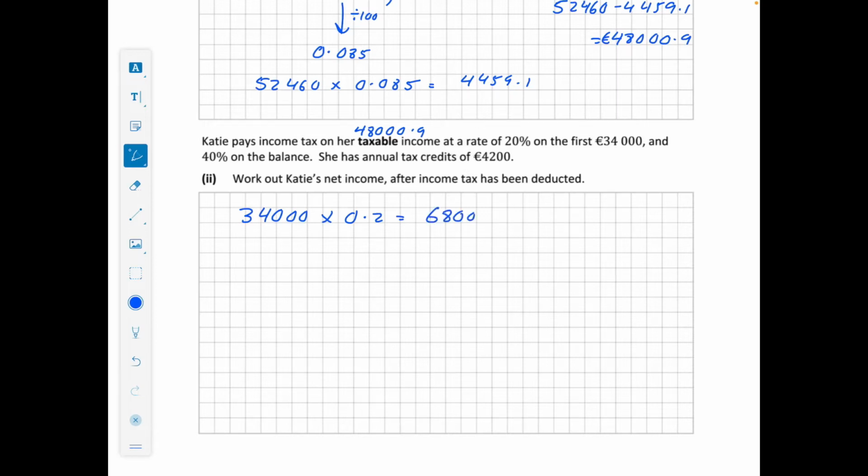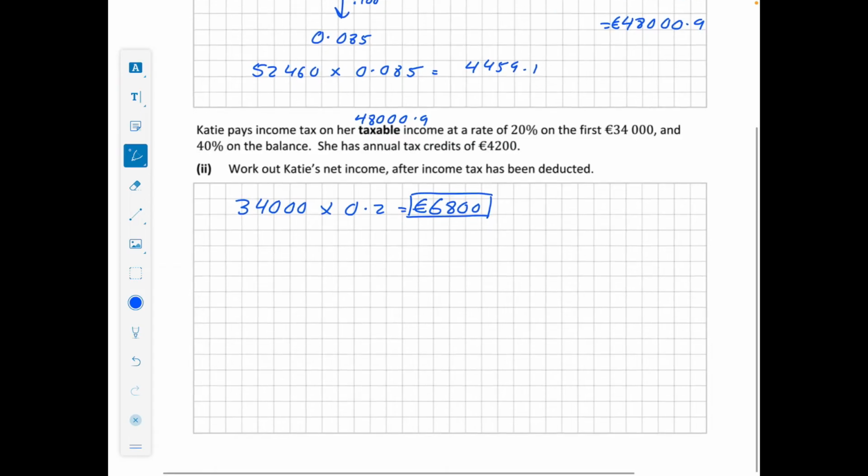So that's 6,800. We're going to pay the higher tax then. So we need to find out how much over the cutoff she earns. So in total, her taxable income was 48,000.9. We find out how much over the cutoff she's earning.